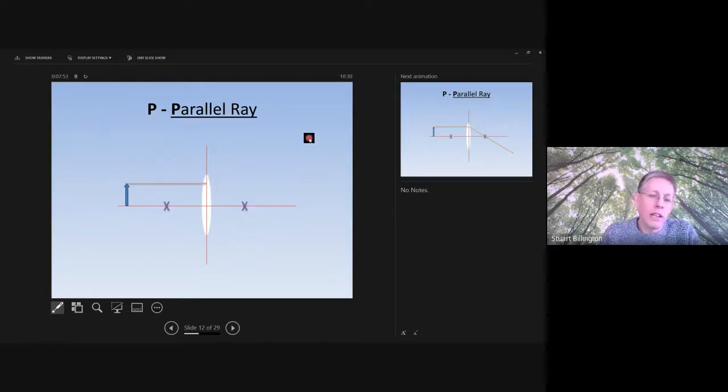So I need you to draw a line to the focal point. And then because there isn't anything at the focal point, there's no bit of paper there, the ray of light just passes straight through. So your first diagram on your page should now look like that.